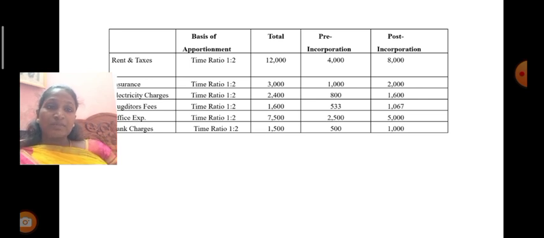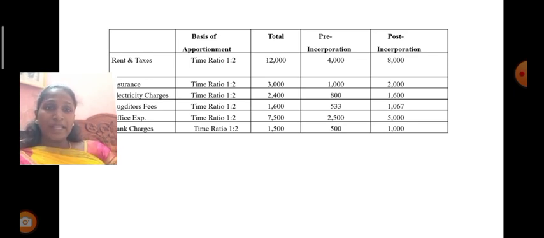It comes under time ratio. The next item is insurance. It should be allocated on the basis of time ratio, that is 1:1. The next item is electricity charges. It comes under the head of time ratio. The amount is 2,400, so 800 for pre-incorporation and 1,600 for post-incorporation.